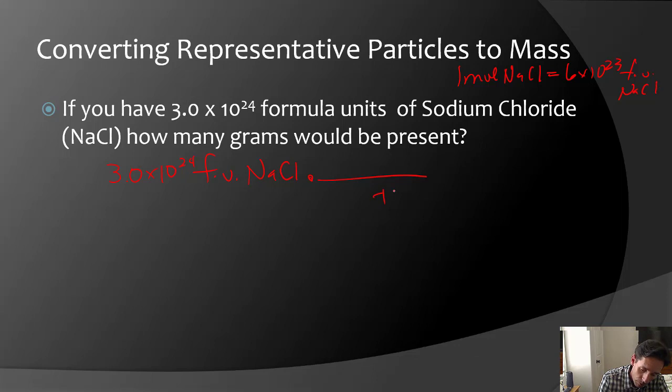So formula units go down here in the denominator so that they cancel out, and mole goes into the numerator, and that's moles of NaCl. We're going to put the 6 times 10 to the 23rd formula units down here in the bottom, and the 1 mole up at the top. So again, mathematically, let's work this out here.